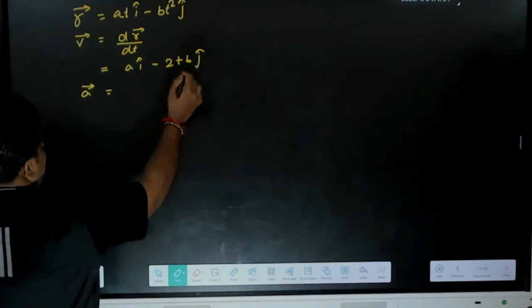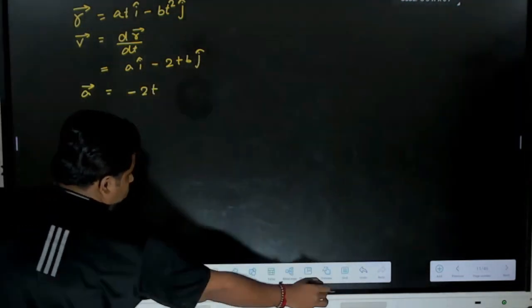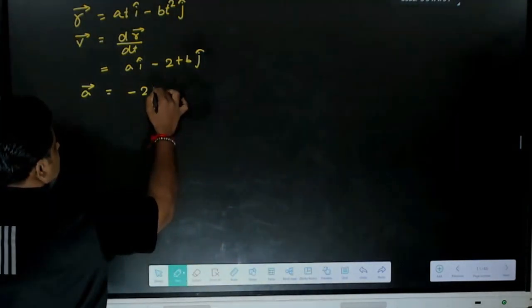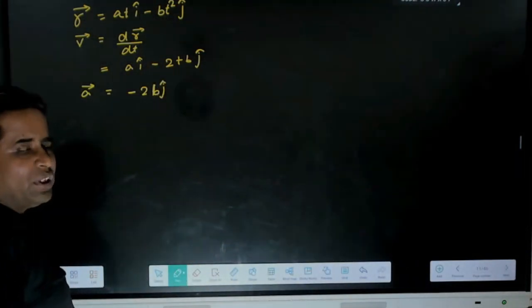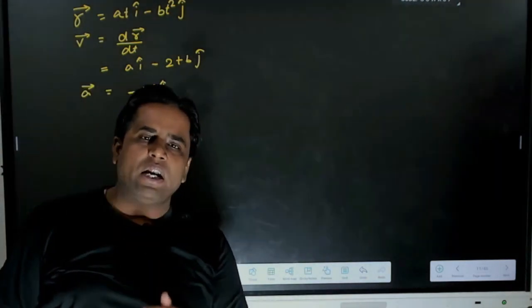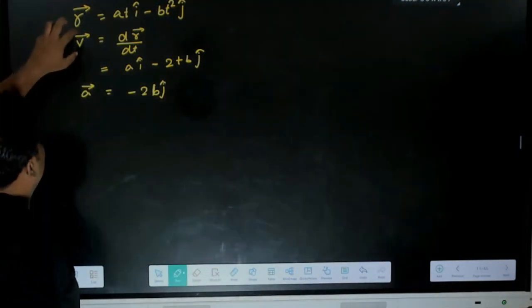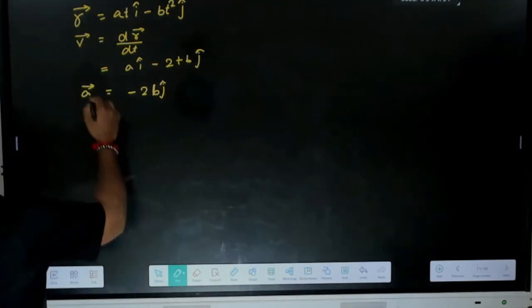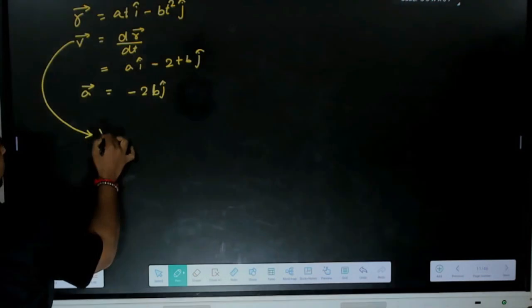So here you just differentiate it. That way we find that this becomes 2b j cap. Students, we have already taken out all the values, and if they ask you to find the moduli of the velocity vector, moduli means what?